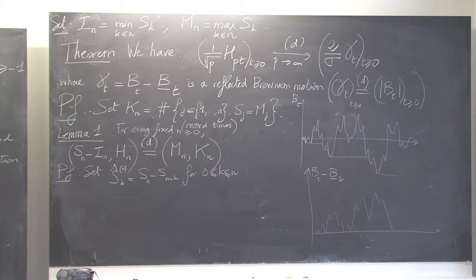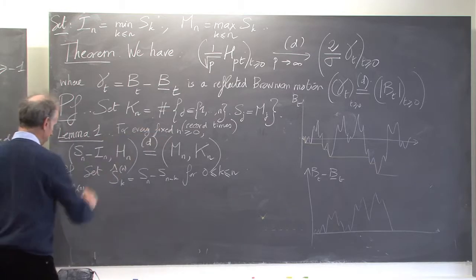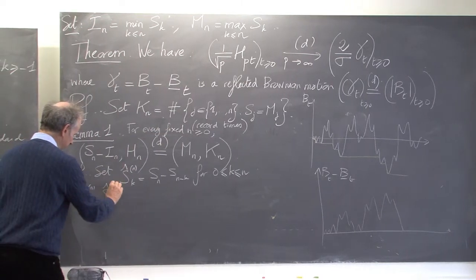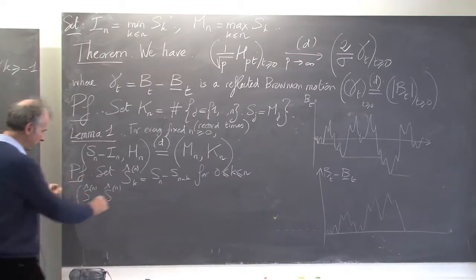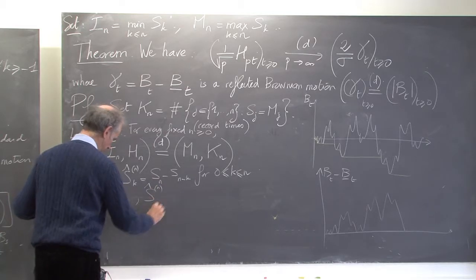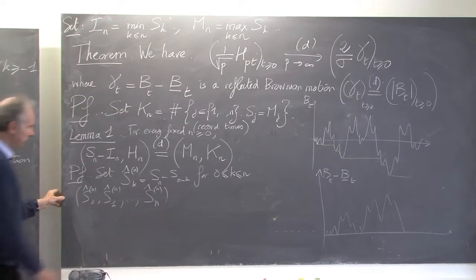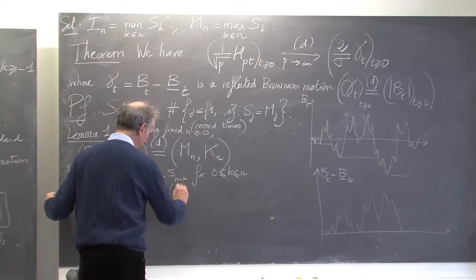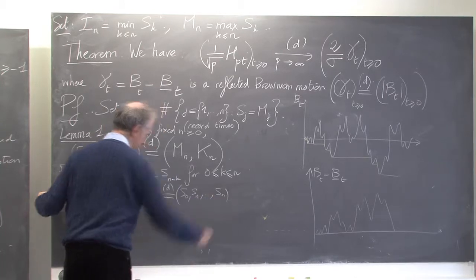And I claim that, with n fixed throughout, the vector S hat n,0, S hat n,1, and so on up to S hat n,n has the same distribution as S_0, S_1, up to S_n.